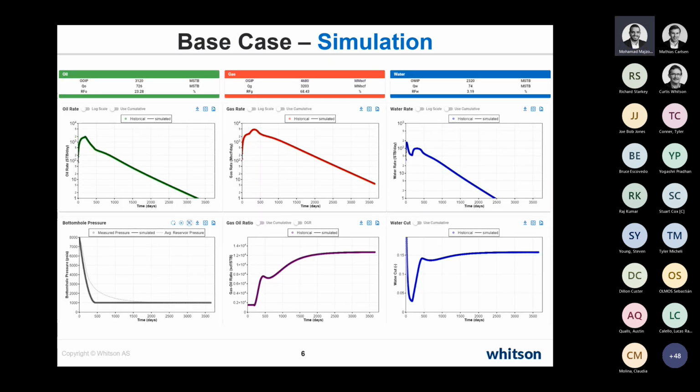Okay, this is the performance of that base case. I'm running it for 10 years, and these are the rates and the pressures, GORs, water cuts, etc. Just as a refresher and a reminder of the workflows: this model has an LFP of 450,000 and an OIP of 3.1 million barrels of oil.